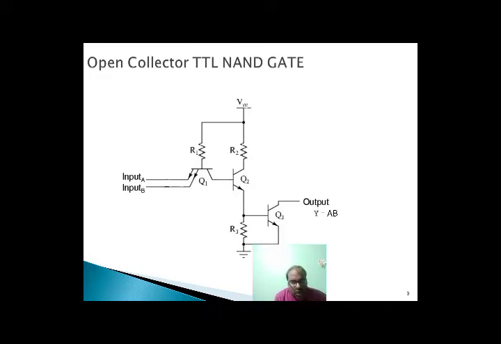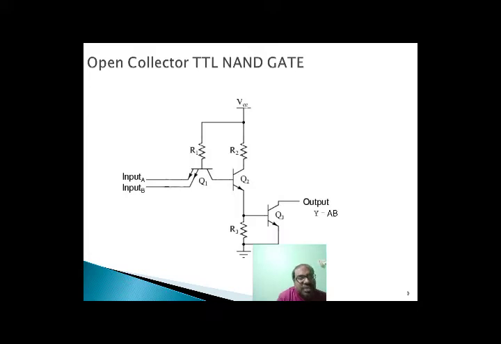Notice that the output is the collector of the transistor Q3 with nothing connected to it. Hence it is known as open collector output.